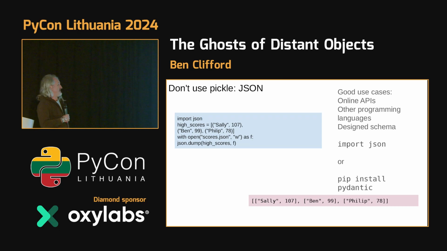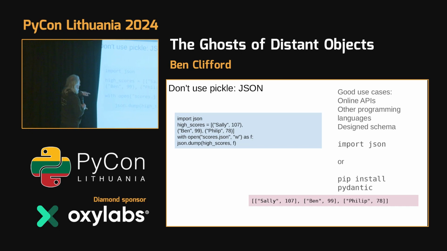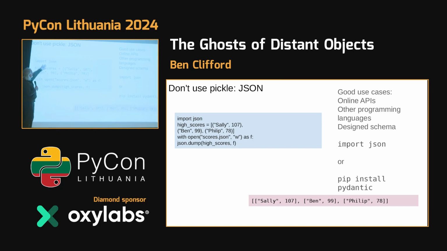So if you're a web person, you will have encountered JSON, the JavaScript Object Notation. There's plenty of support for that. I assume Django does it well because it seems to do everything, if you were here yesterday. There's also a library called Pydantic. There's also a very simple JSON library built in called json, and you basically do the same thing. You open a file and you dump your objects.